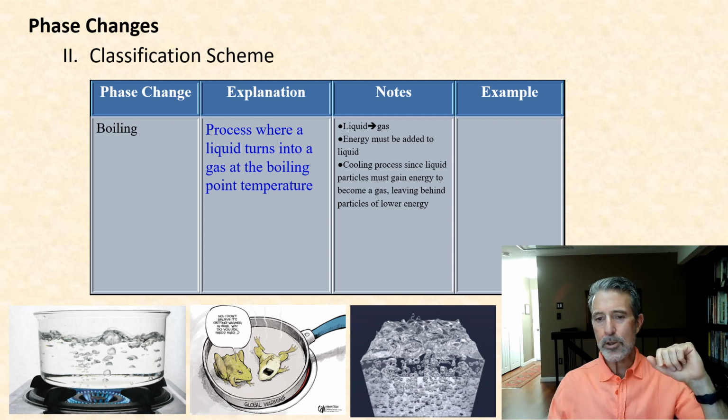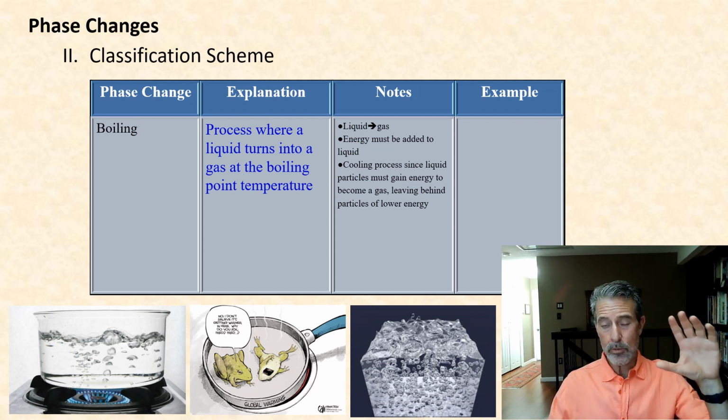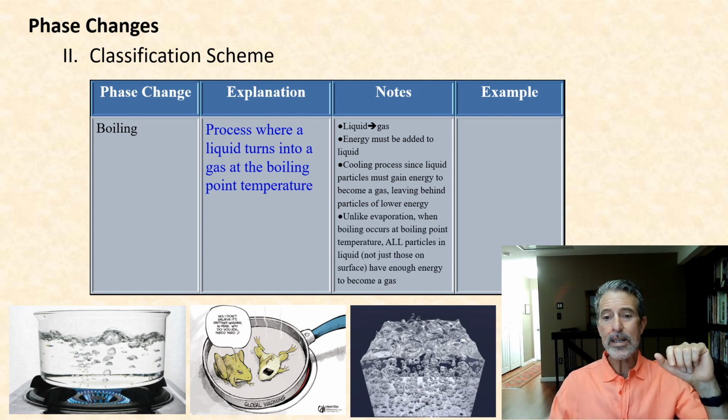So how is boiling different from evaporation? Well, remember we said that in evaporation, it's only the particles on the surface that can gain enough energy to escape the liquid phase and turn into a gas.